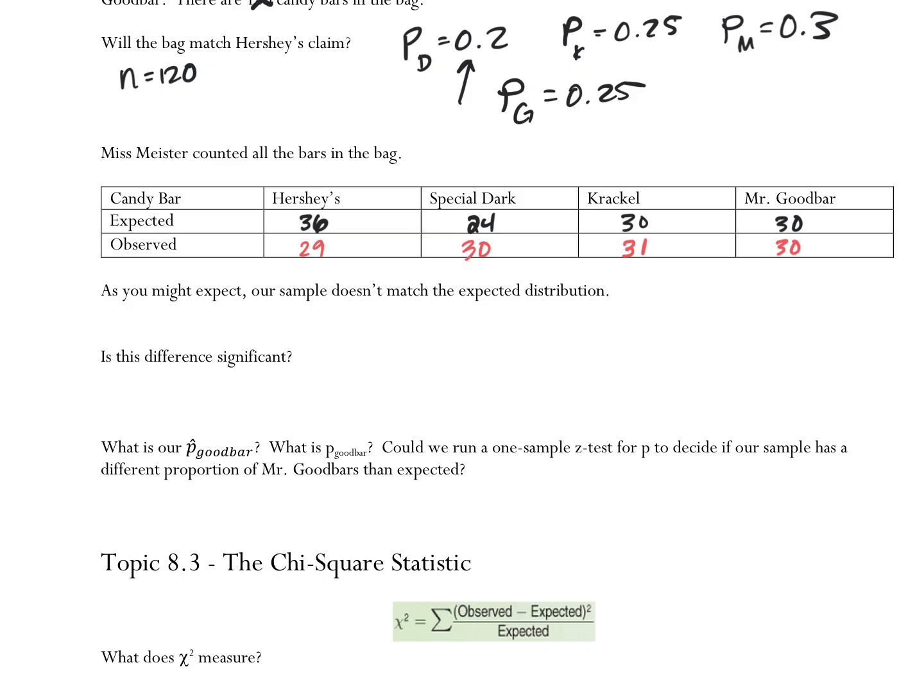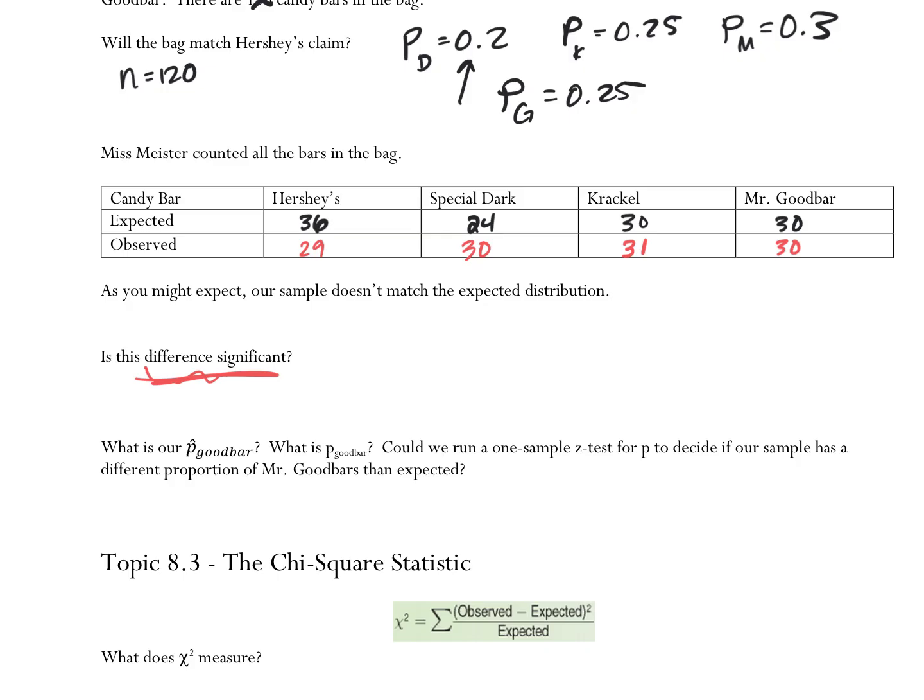So as we can see, the sample doesn't quite match what we would expect to happen, right? So the question we have to decide is, is this difference significant? What are your thoughts? So it's weird, right?